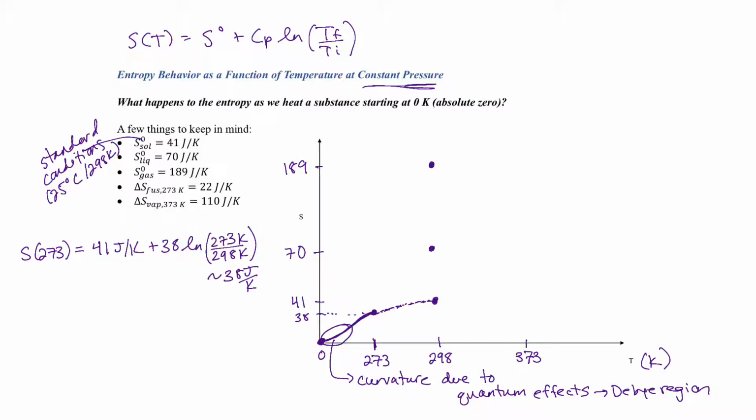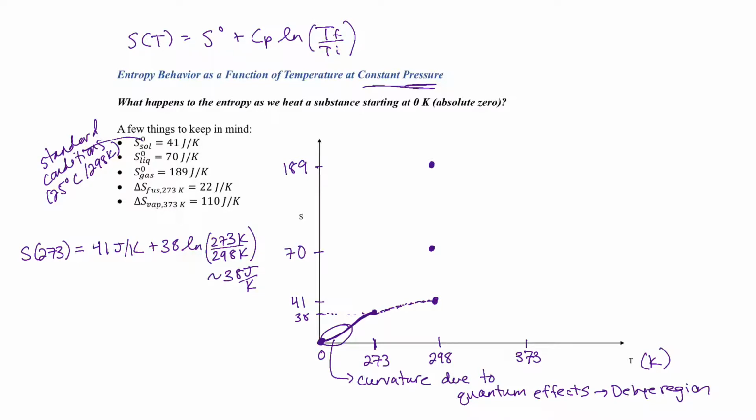So next step here is going to be to calculate the entropy associated with liquid water at 0 Kelvin. We already did the solid phase at 0 Kelvin. Now we need to calculate the same thing, except we're going to do it for our liquid phase.